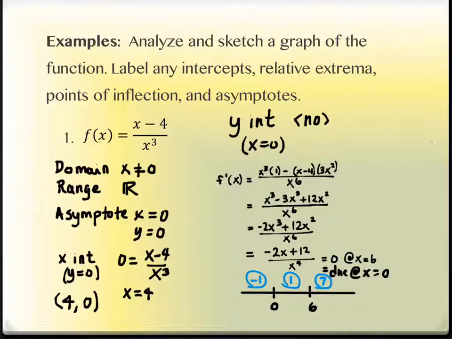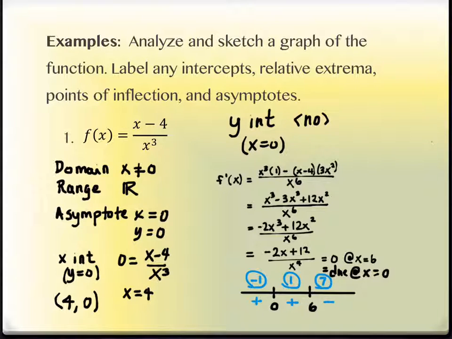Just the sign, because the actual values that I'm plugging in I made up anyway. It's the sign I care about. So what happens when you plug in -1? A positive? What happens when you plug in 1? A positive? And 7?